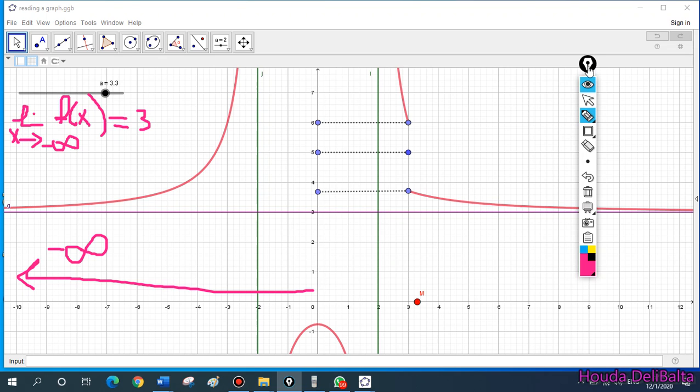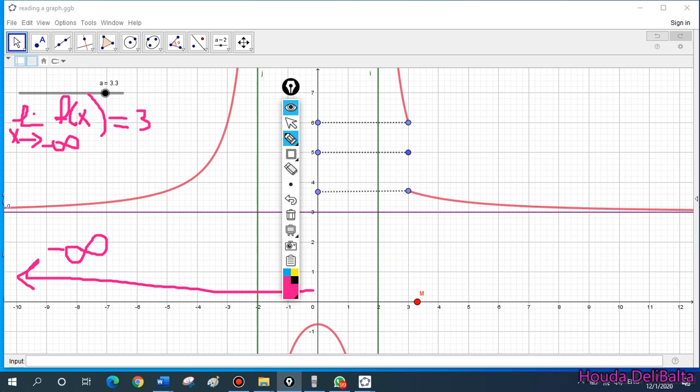Let's see its limit at plus infinity as well, to see if it has one horizontal asymptote or two. As x goes to plus infinity, meaning that way, notice that the curve is also going to that value, which is 3.